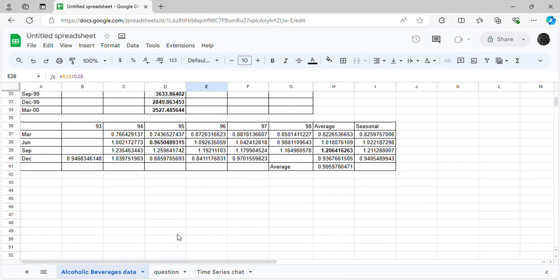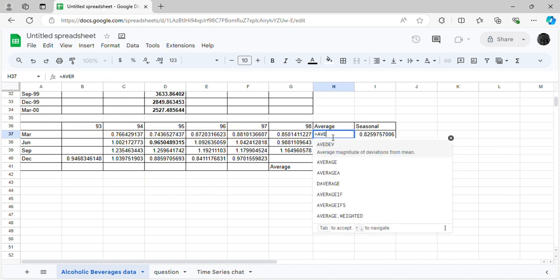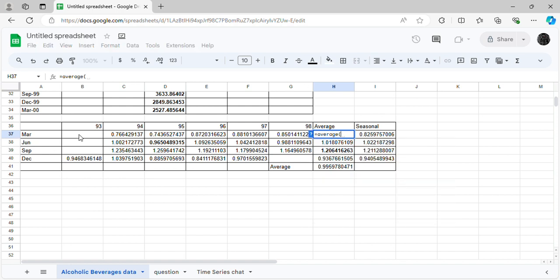And then we take the average. So this equals average of all of this data.